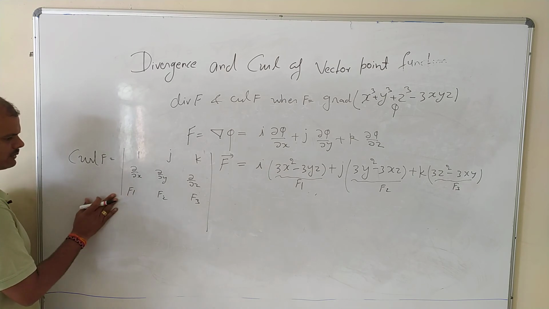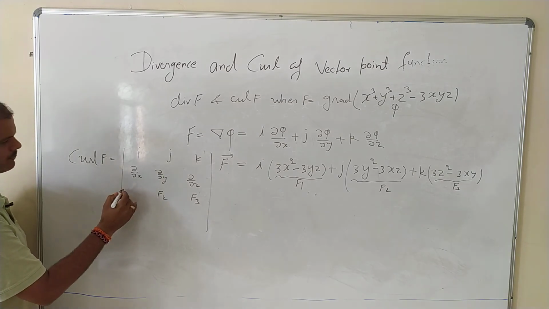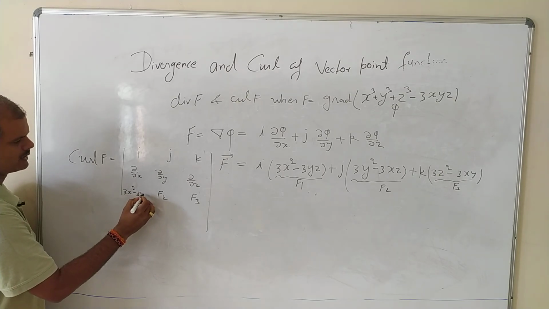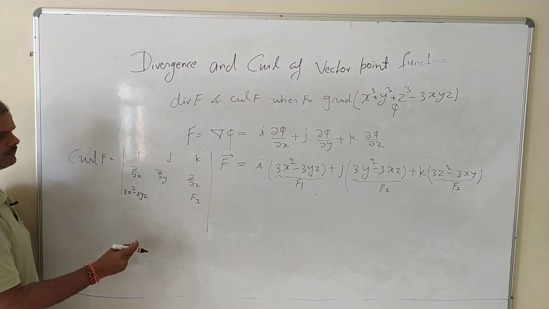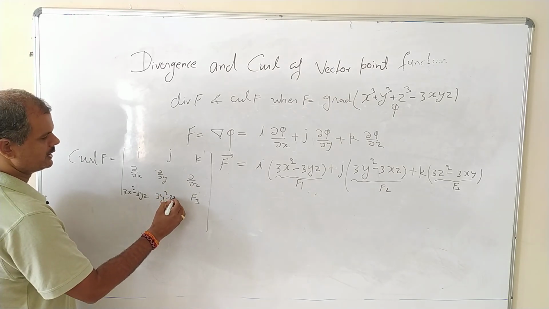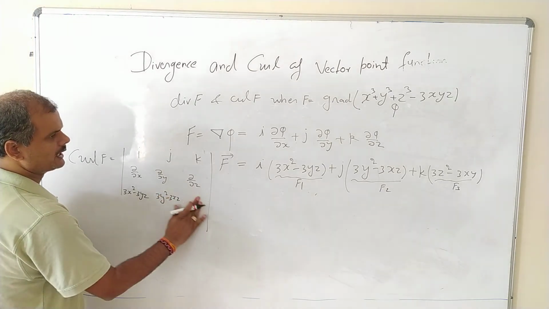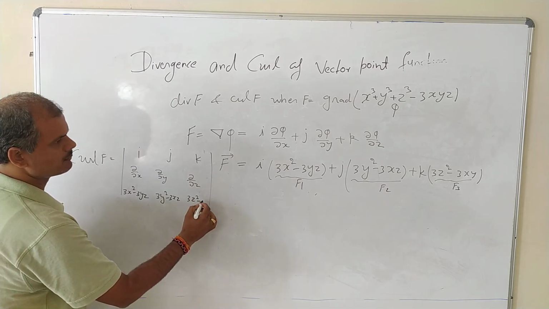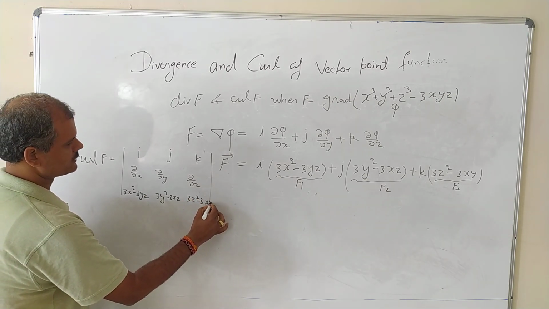So let us write down what f1 is here. F1 is the I component, 3x square minus 3yz; f2, 3y square minus 3xz; and f3 is 3z square minus 3xy.